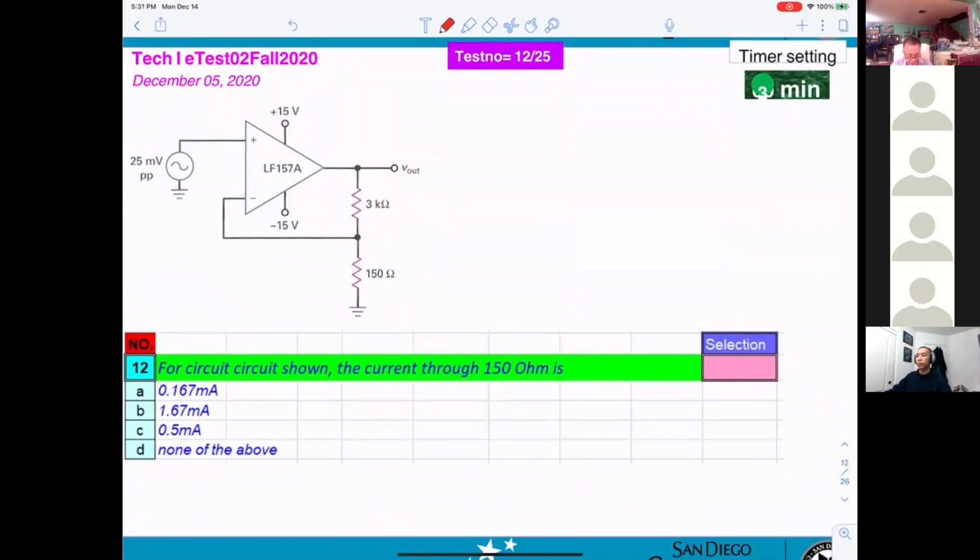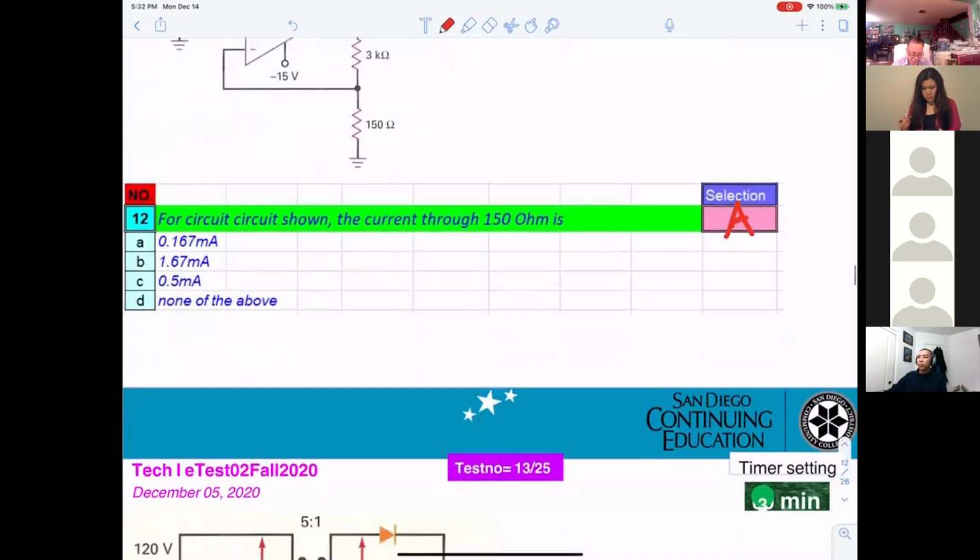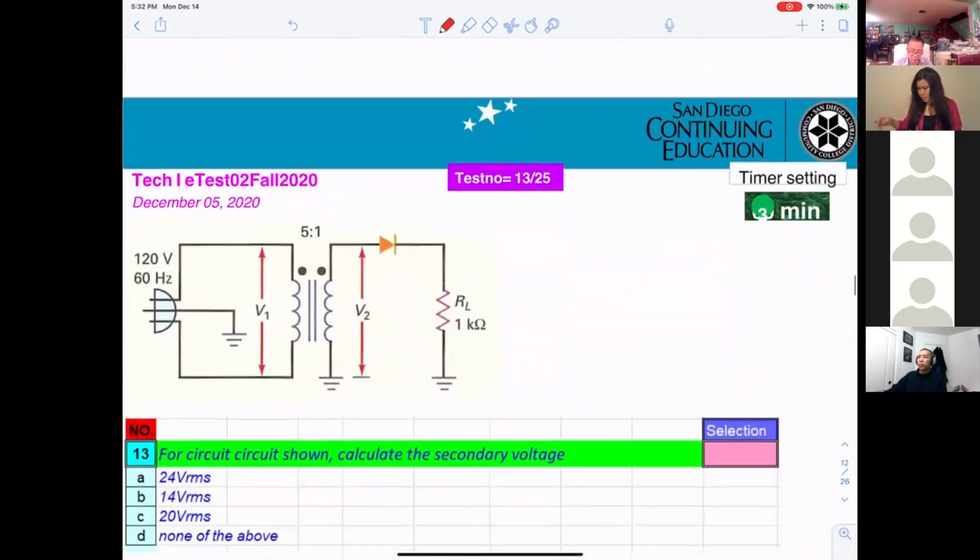That will be number 12. A. Yeah, you get everything correct. That means you take the 20 millivolt divided by 150 ohm, right? That's how you get the current. Yes.